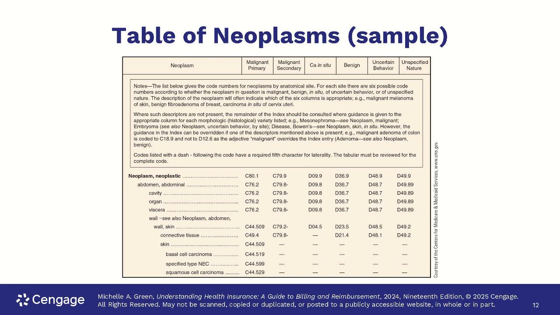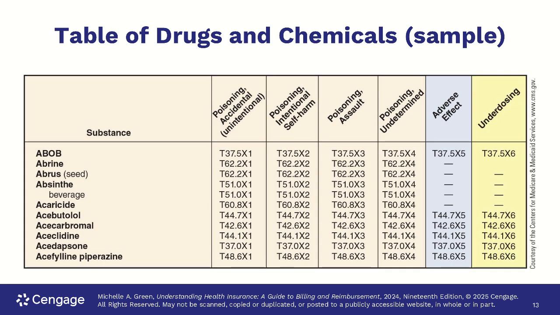Then we have benign, uncertain behavior, and then unspecified nature. As a reminder, the neoplasm table is part of the alphabetical index, and we can never ever code from the alphabetical index.